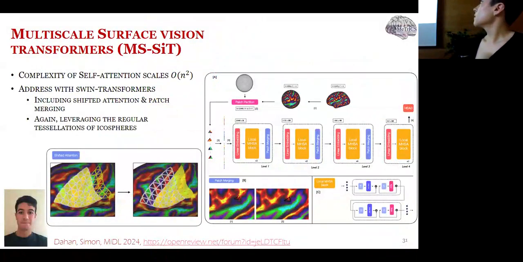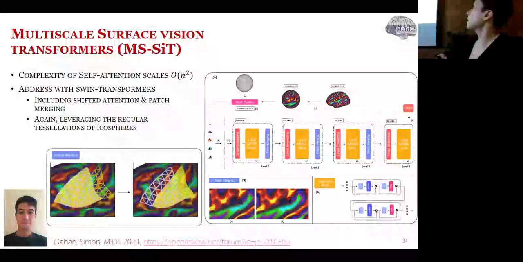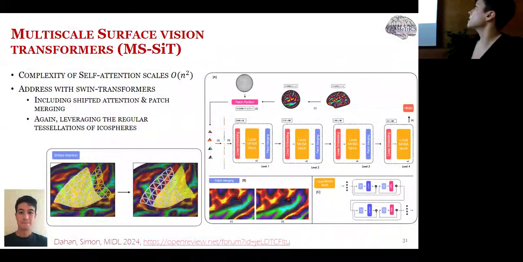The problem with transformers is the complexity of the self-attention operation scales with the number of tokens you've got squared.